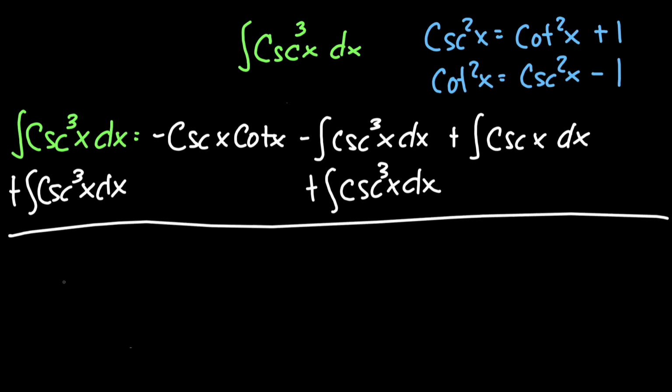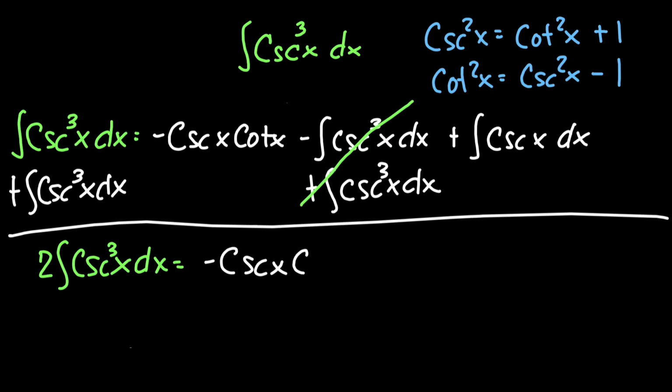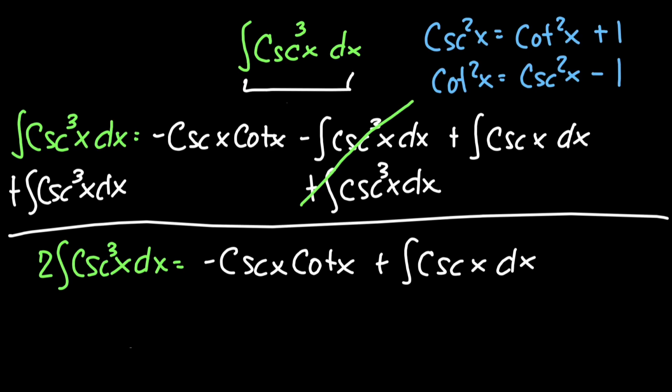And so this would be equal to the integral of cosecant cube of x. This will cancel. So this would be equal to negative cosecant x cotangent of x plus the integral of cosecant x dx. And so the next step would be to get rid of this 2 right here, because what we want is something like this.